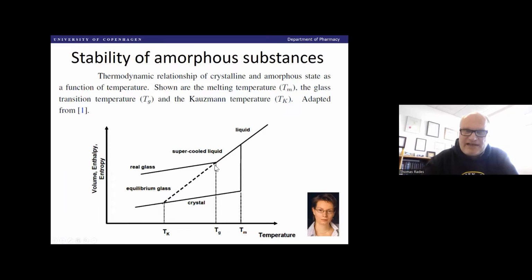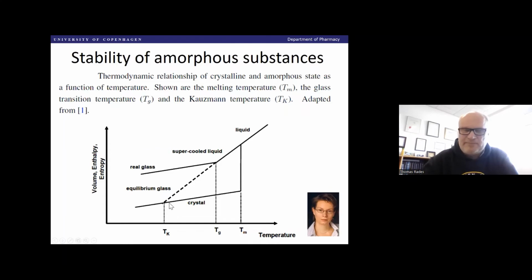You can make a thought experiment and say, what would happen if this never occurred? If I could follow this dashed line further, eventually I would reach this point here, this temperature known as the Kauzmann temperature. And here we have a physical conundrum, because now we have a system that is still amorphous. In fact, it's still a supercooled liquid, but it would have the same entropy and enthalpy as the respective crystalline form.